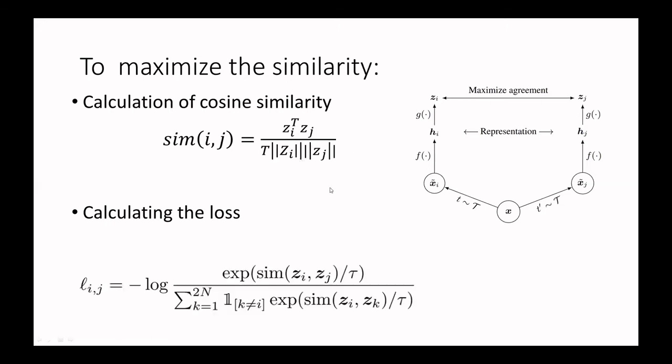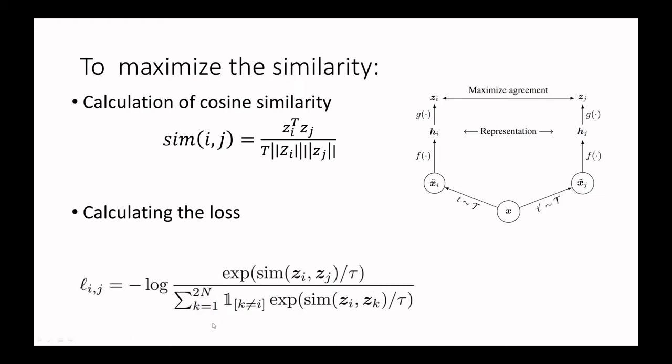Now to calculate the loss, each augmented pair in the batch is taken one by one, and then we apply the softmax function to compute the probability that these two augmented images are similar.